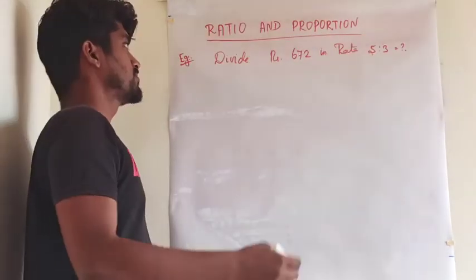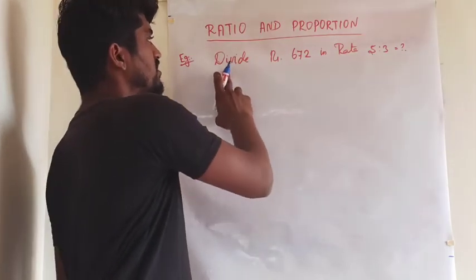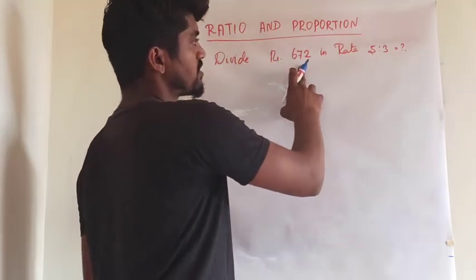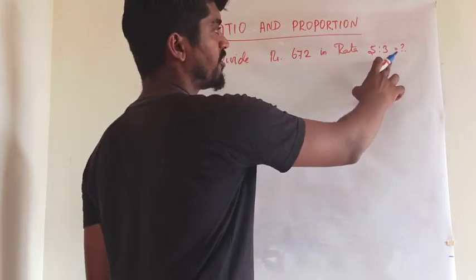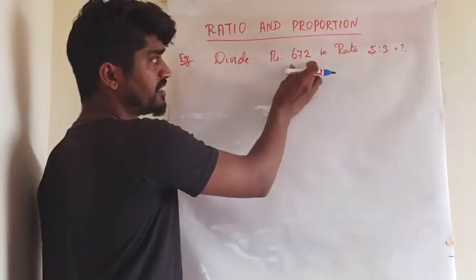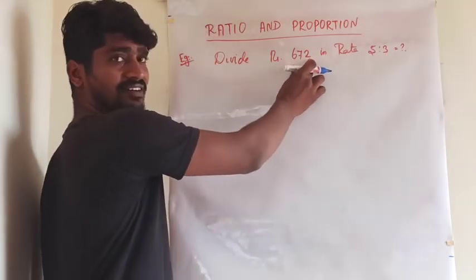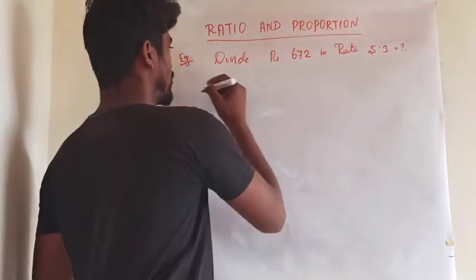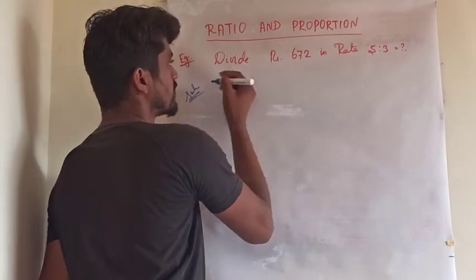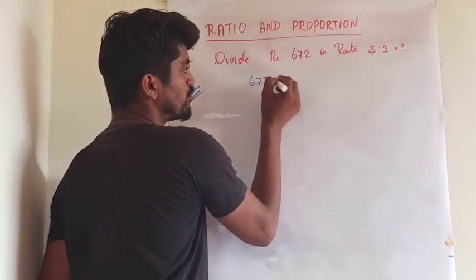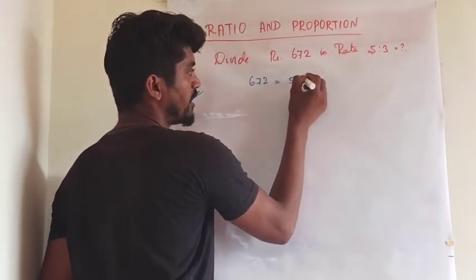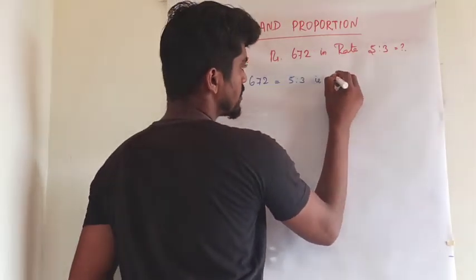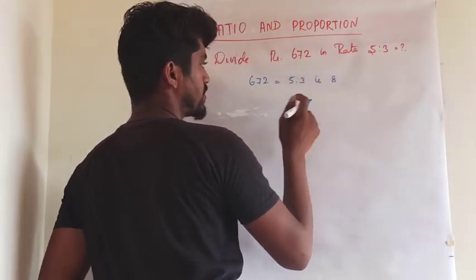In this sum, the given question is to divide rupees 672 in the ratio of 5:3. We have to divide the 672 value into 5:3 format. So the given is 672, and 5:3 together make 8 parts.